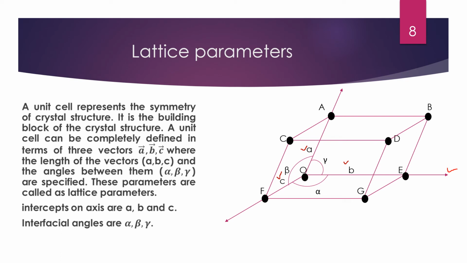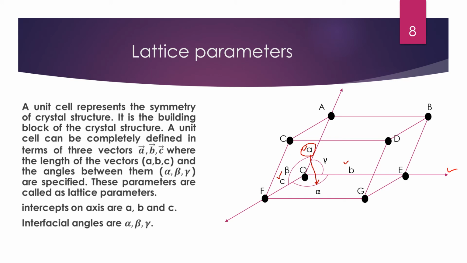Now let us define the angles, or the interfacial angles. If small a is the intercept on a particular axis, then the angle between the remaining two axes is defined as the first interfacial angle alpha.